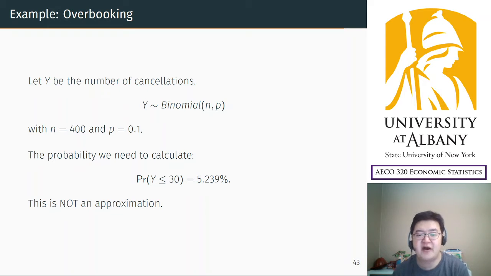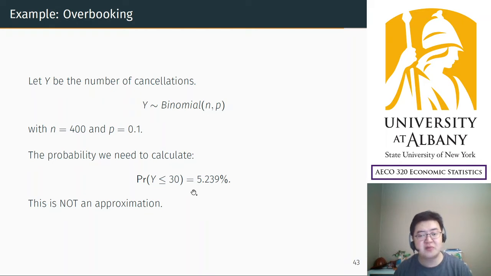In chapter 5, I told you that to calculate this probability, you have to calculate probability y equals 0, y equals 1, y equals 2, and you have to sum those probabilities up to 30. So you have to calculate 31 probabilities and sum them, which is not easy.